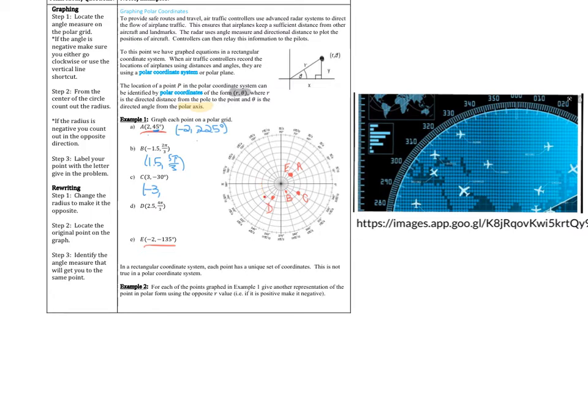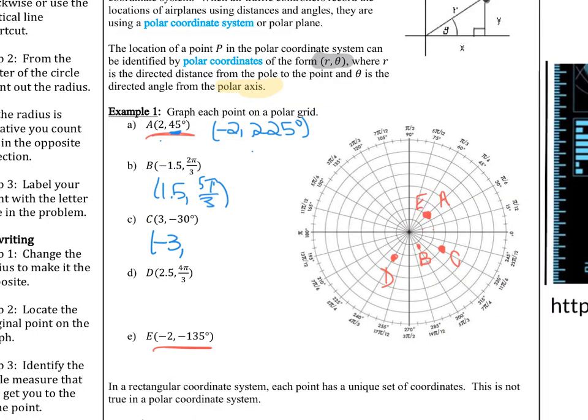So that is 90 plus 60. 90 plus 60 is 150. Okay, let's try again. Remember, you can always pause, try these on your own, and then check back in.